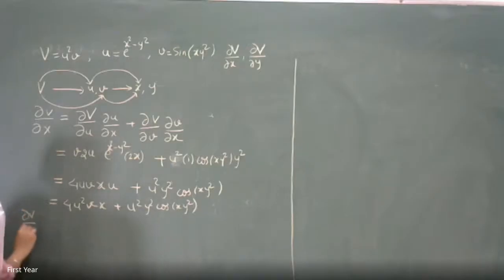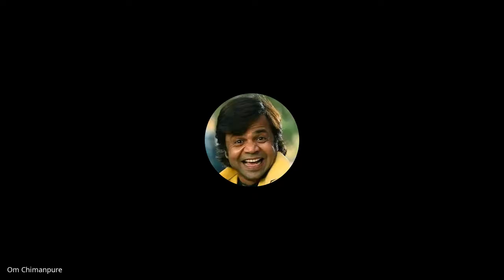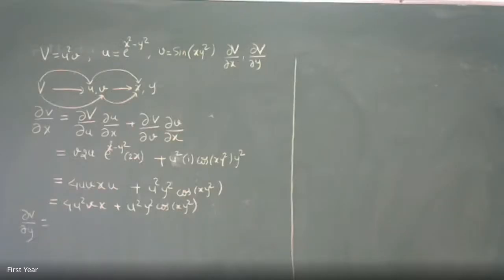On the same line, what is del v by del y? Have you written the answer? Those answers that you are writing are for the second partial derivative. The first one is 2uv e to the power x square minus y square into 2x, so that is 4.